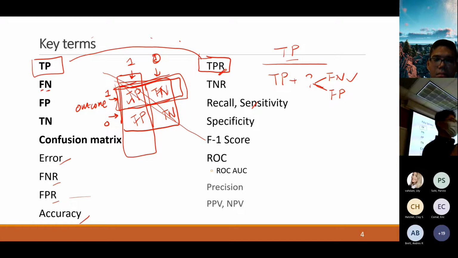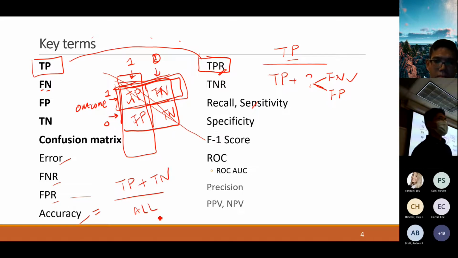When you have an accuracy, the error is 1 minus the accuracy, so they complement each other. For accuracy, we have the true labels or true cells, which are on the diagonal line, and you have everything included on the denominator.